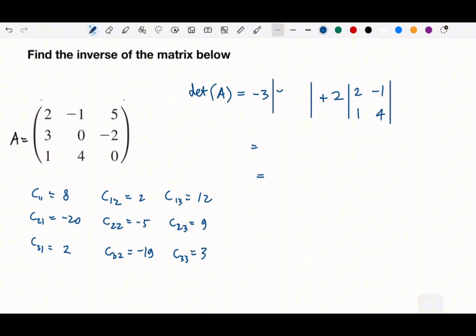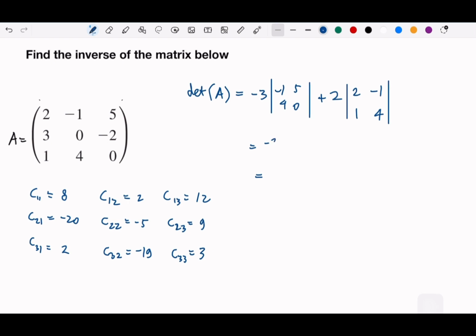Minus 1, 5, 4, 0, right? Okay. So this should be negative 3, negative 20, right? This one is correct. So 78, right? And how about the cofactors? Is there any mistake? Usually I just input it into the software and I get the result directly.